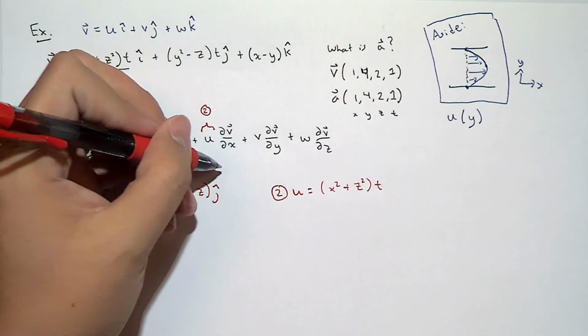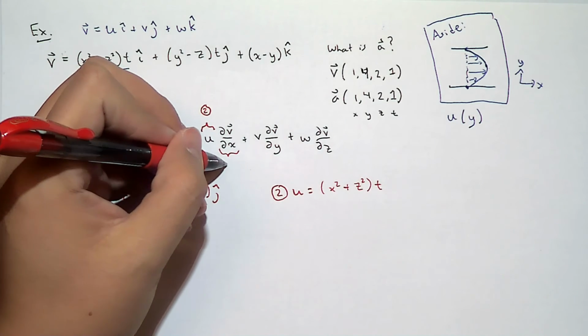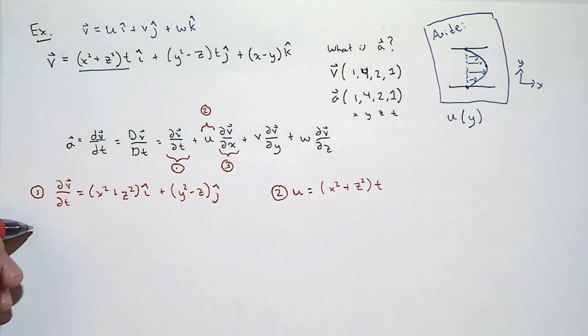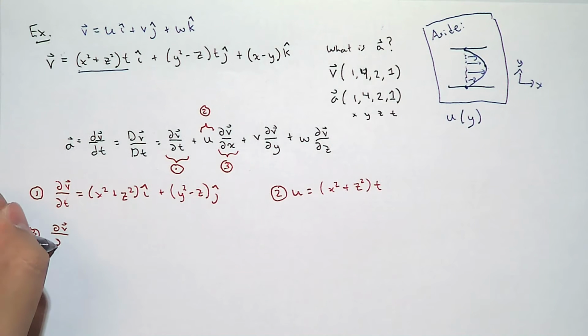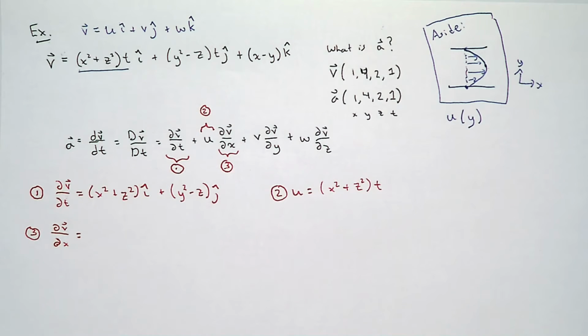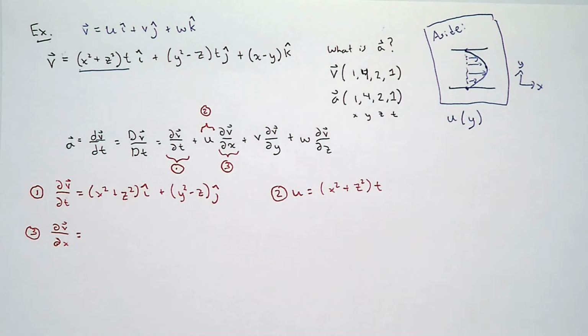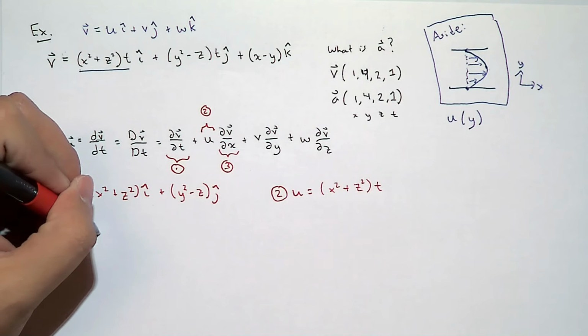Let's look at the partial change in velocity with respect to x. Do we know that partial change in velocity? All right, can anybody tell me what that partial change in velocity with respect to x is? 2xti.